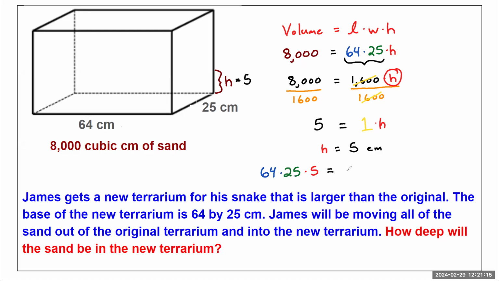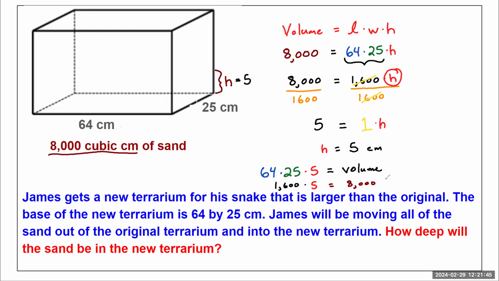And that's going to give us our volume. We're looking for 8,000 for our volume. So 64 times 25, we know that was going to be 1,600. Multiply that times 5. That is actually going to give us a product of 8,000, which is the 8,000 cubic centimeters that was in the original terrarium.